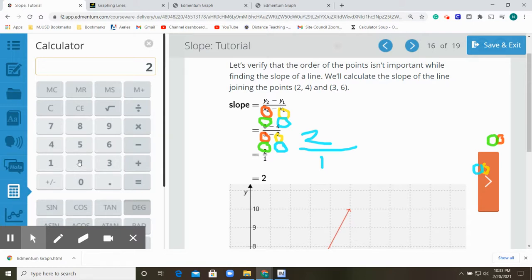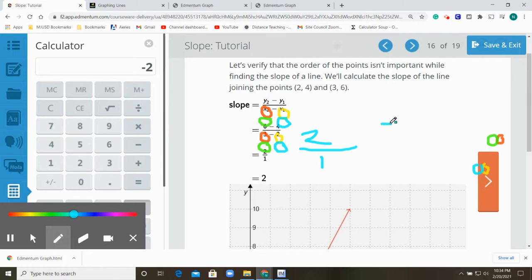Now, earlier they mentioned even if it was the other way around and it was a negative number. So we did 4 minus 6, which equals negative 2.